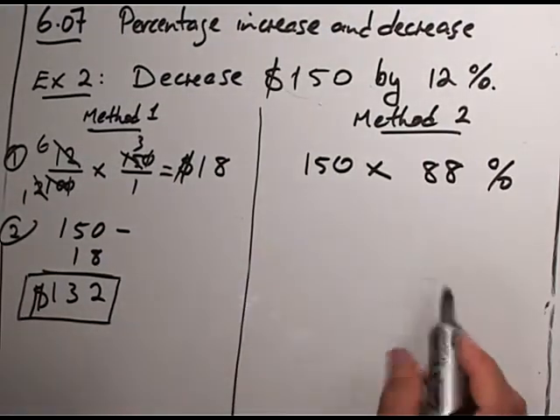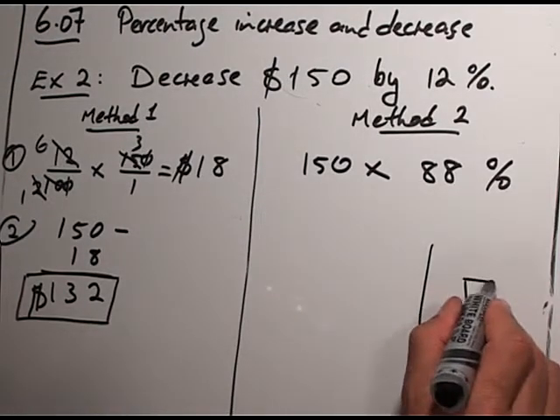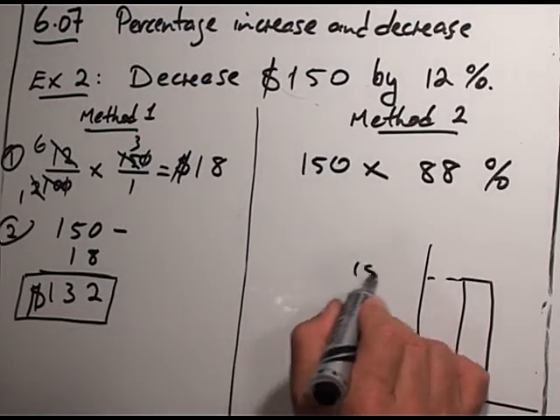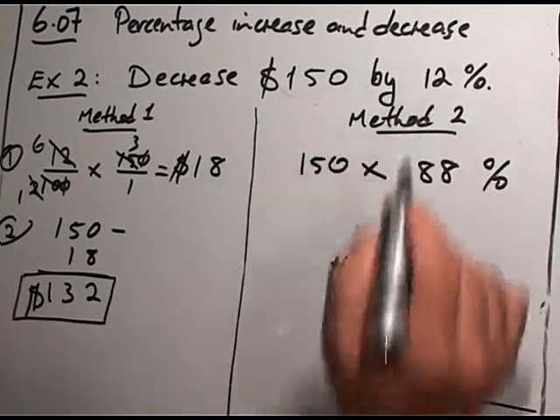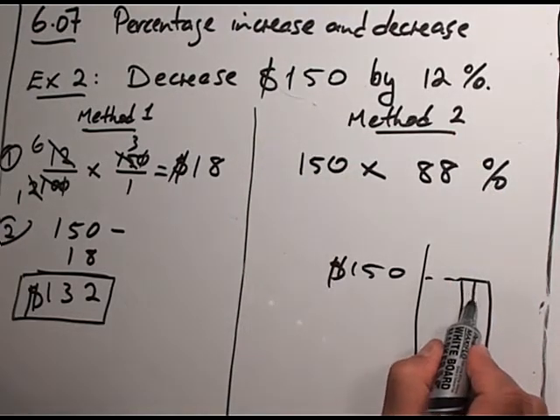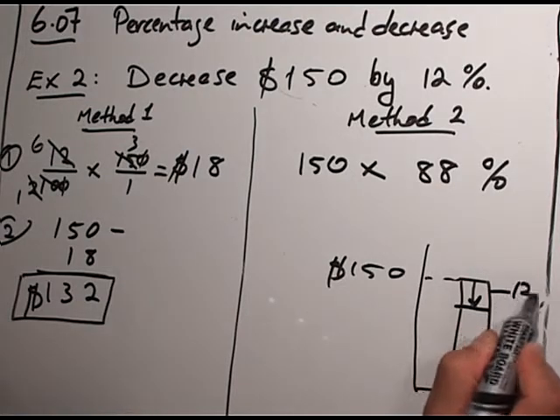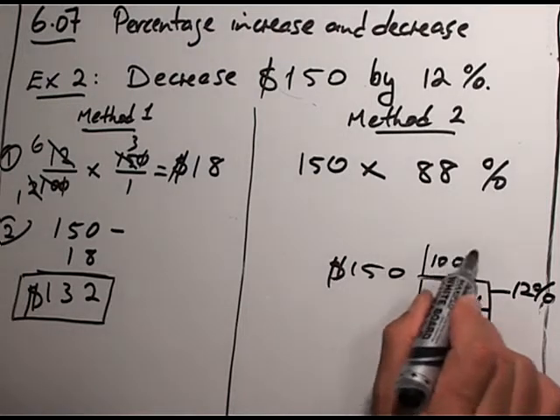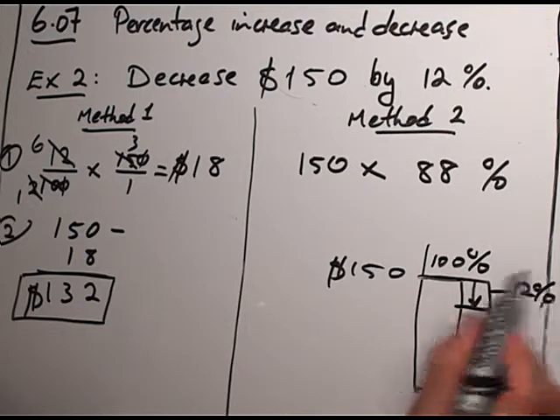So diagrammatically, if I've got my amount here as being $150, and I'm asked to decrease 150 by 12, that means I'm asked to reduce that amount by how much? By 12%. So my full amount is 100%, that's 150, and I'm asked to take away 12%.